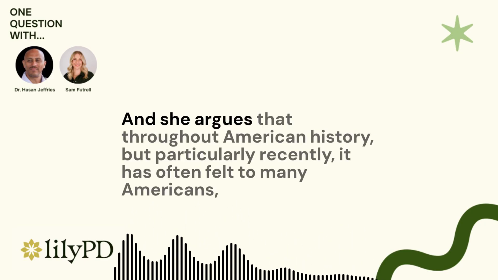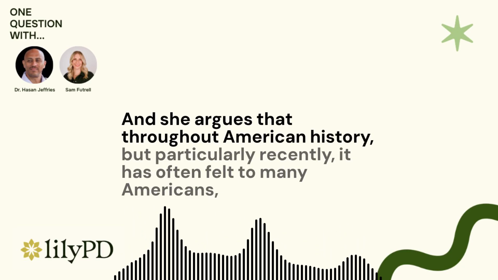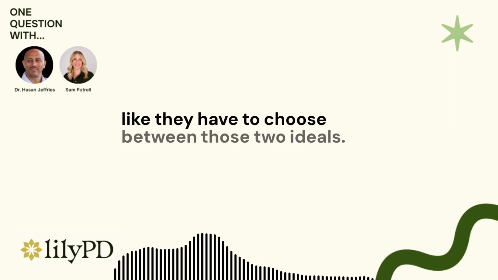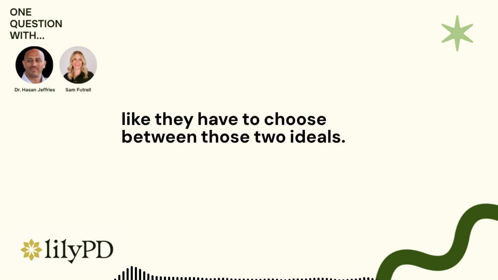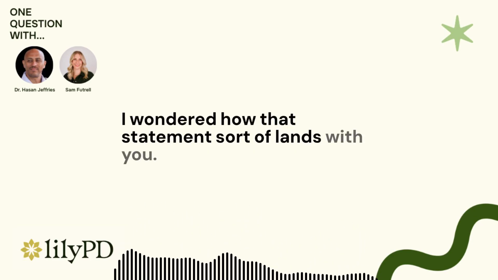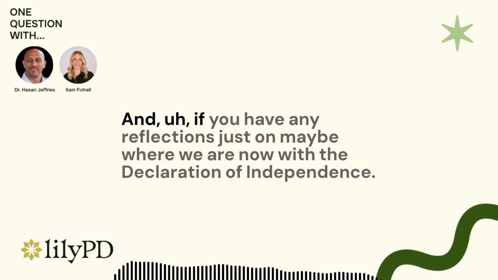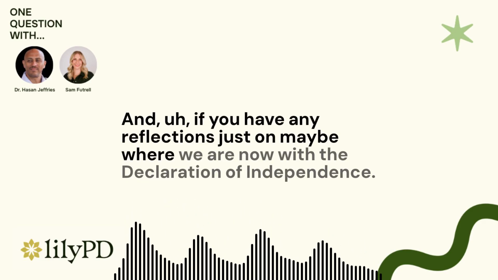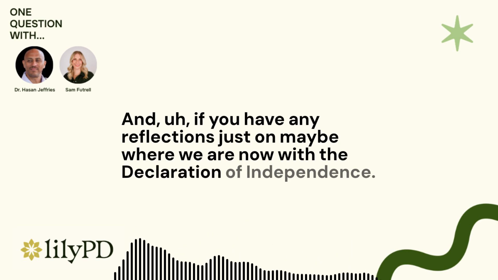And she argues that throughout American history, but particularly recently, it has often felt to many Americans like they have to choose between those two ideals. I wondered how that statement lands with you, and if you have any reflections on where we are now with the Declaration of Independence.